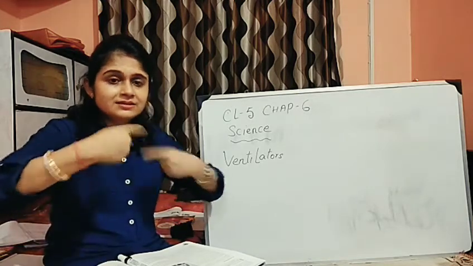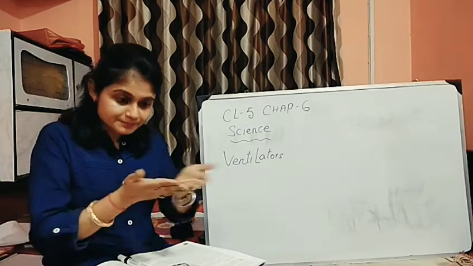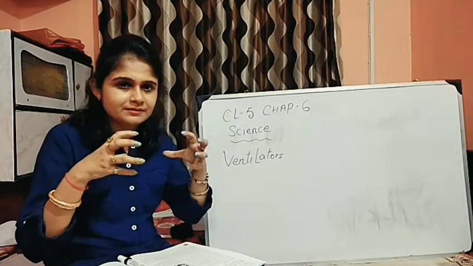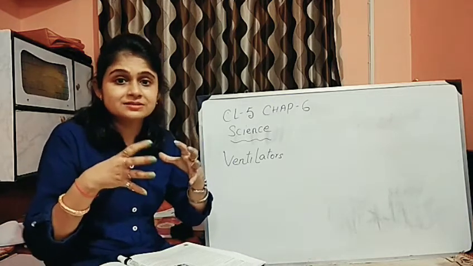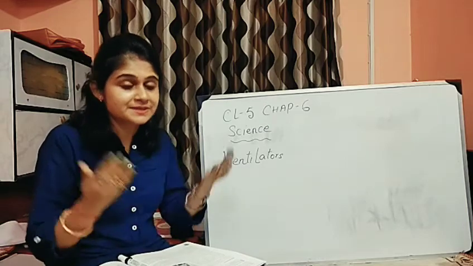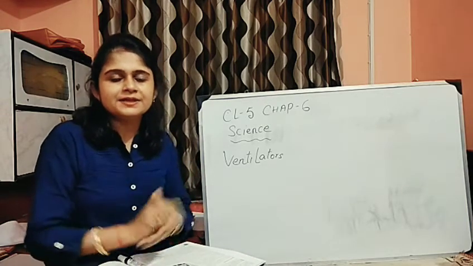Means the continuous movement does not take place. So because of that, that place becomes moist. Moisture gets attracted towards that place, and it becomes a watery type of area.